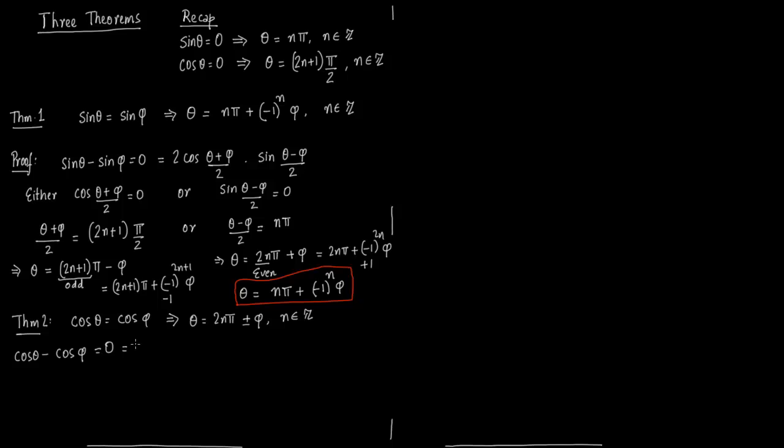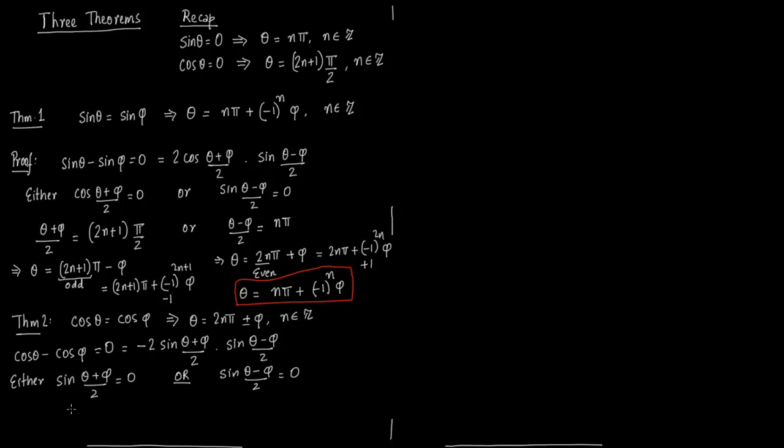Then you write down the formula of cos theta minus cos phi, which is given as minus 2 sin of theta plus phi by 2 times sin of theta minus phi by 2. So either sin of theta plus phi by 2 is 0, or sin of theta minus phi by 2 is 0.